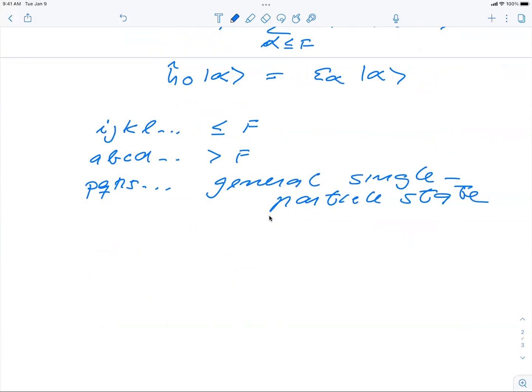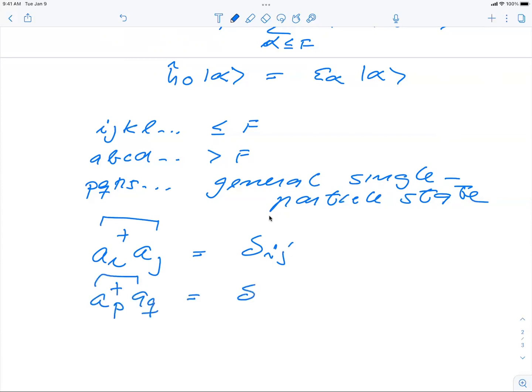Now, this allowed us to introduce a new anti-commutation relation, where we now have a contraction which is non-zero. So this is equal to delta ij, or if we make it more general, we would have a_p, a general state, a_q dagger. This is delta pq if p and q are below the Fermi level.